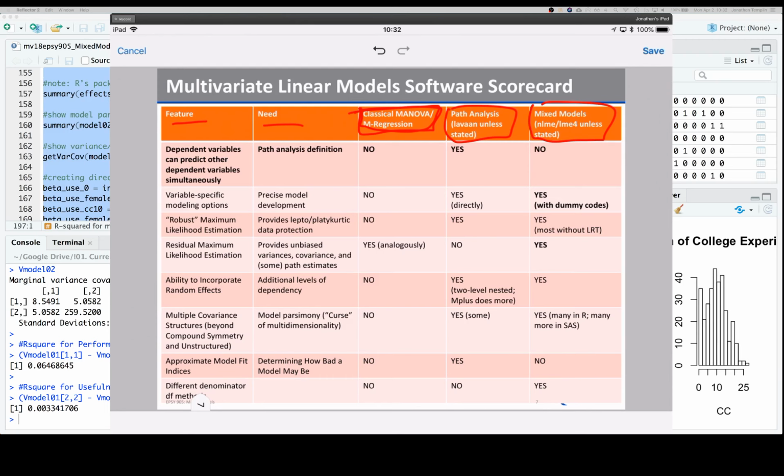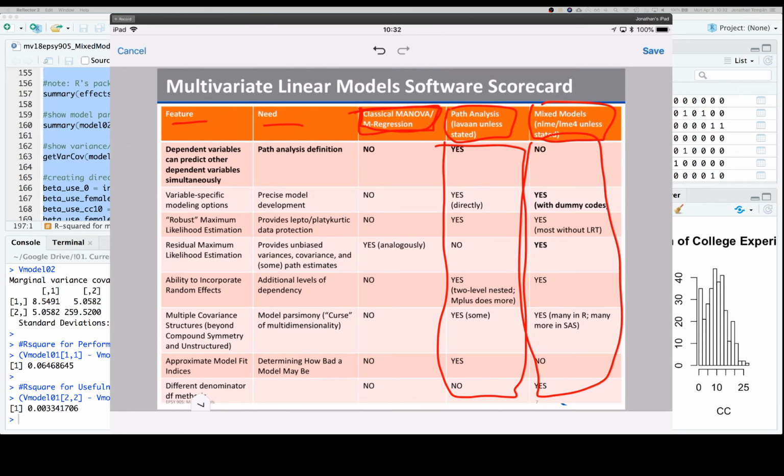Ideally we'd like every entry in these columns to be a yes, but you'll see that nothing does it all just yet.